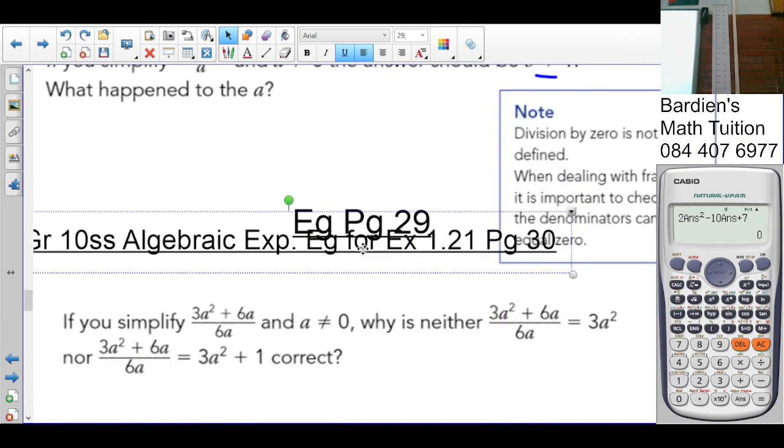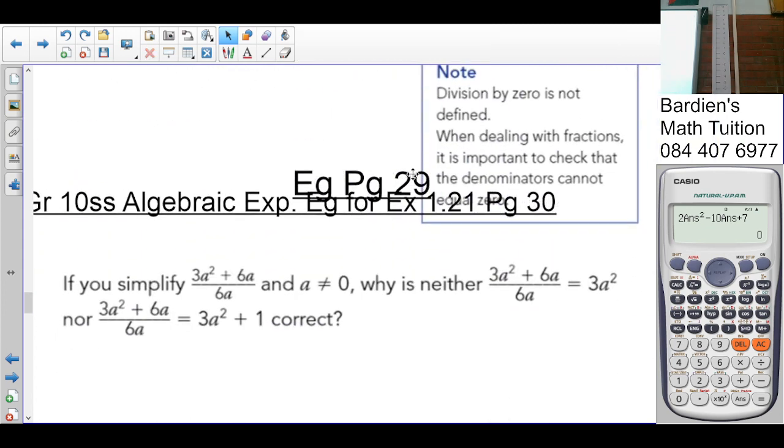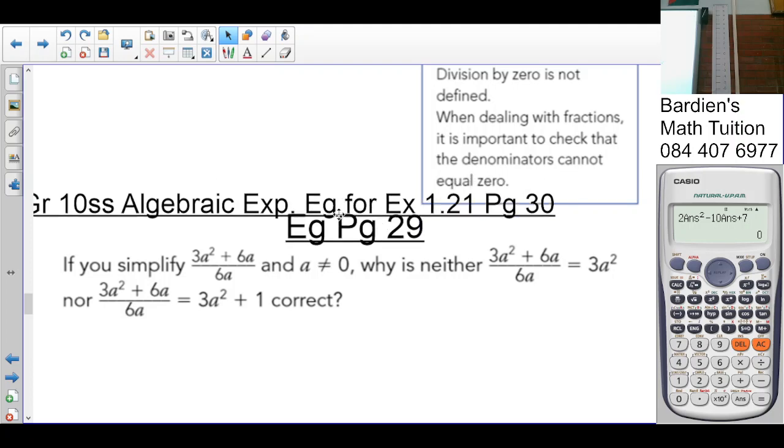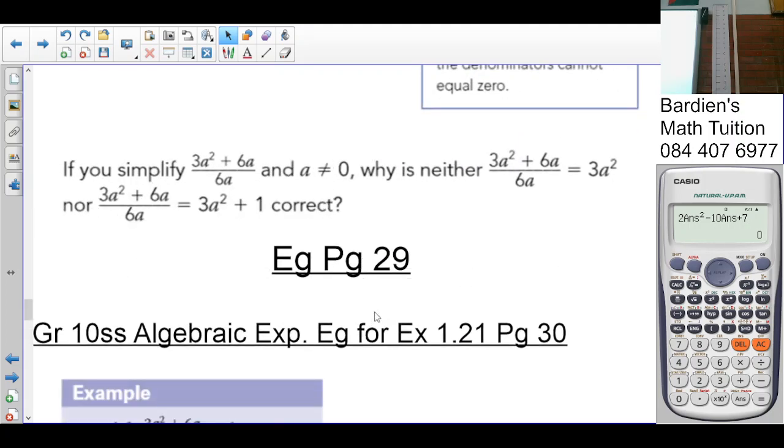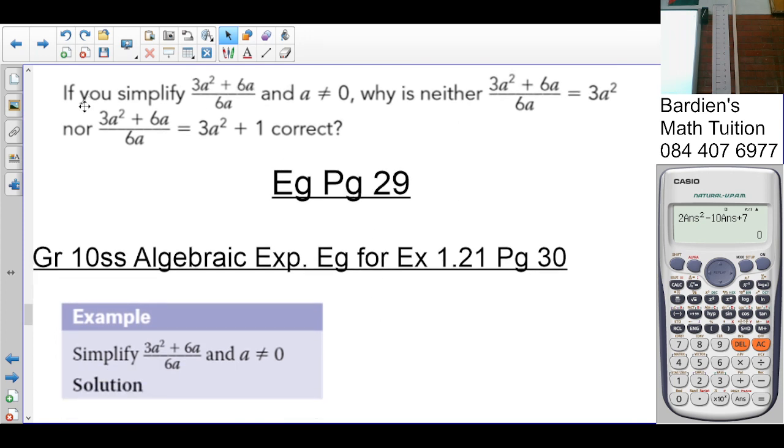Here we are told, note, division by 0 is not defined. When dealing with fractions, it's important to check that the denominator cannot be equal to 0. Coming to this example here, if you simplify 3a squared plus 6a over 6a, we're going to take out 3a as a common factor. What are we then left with?